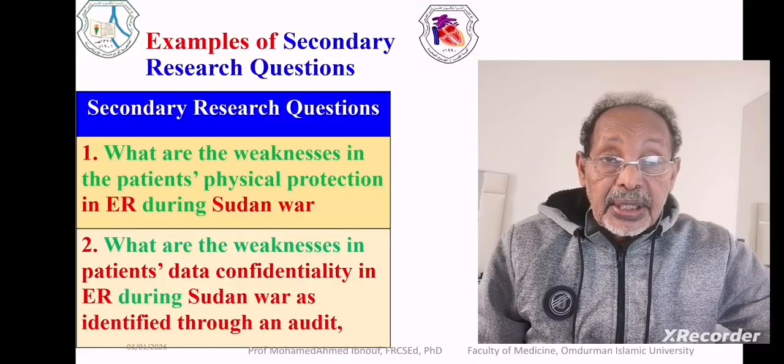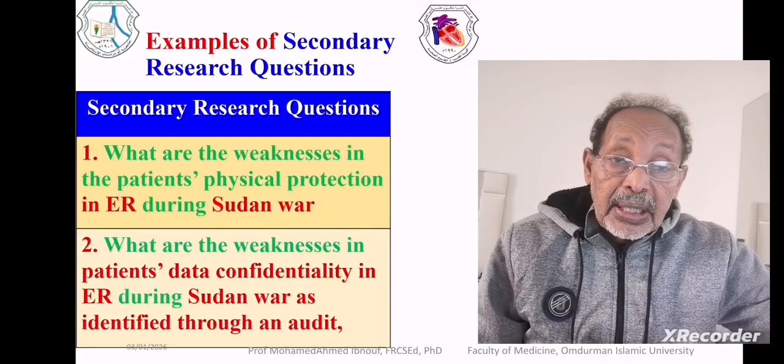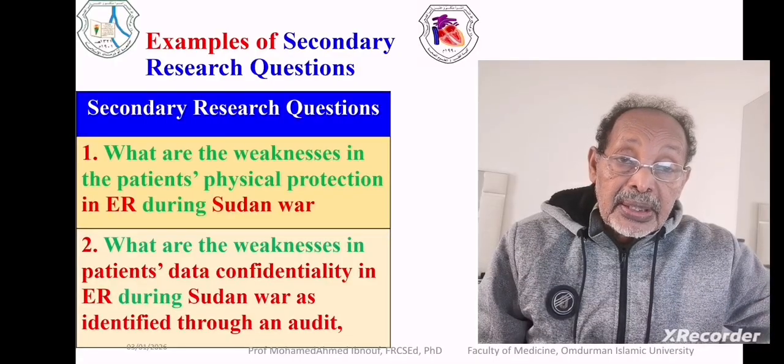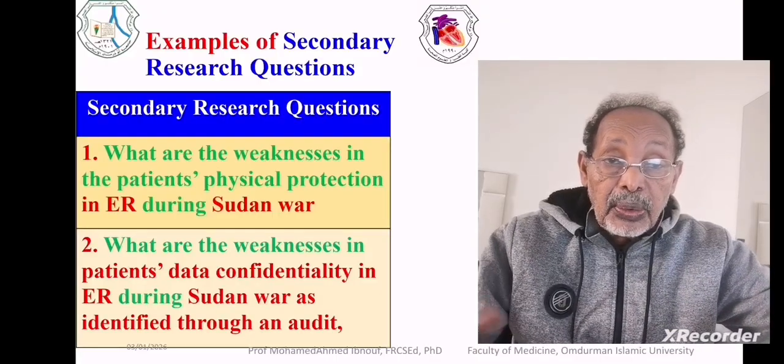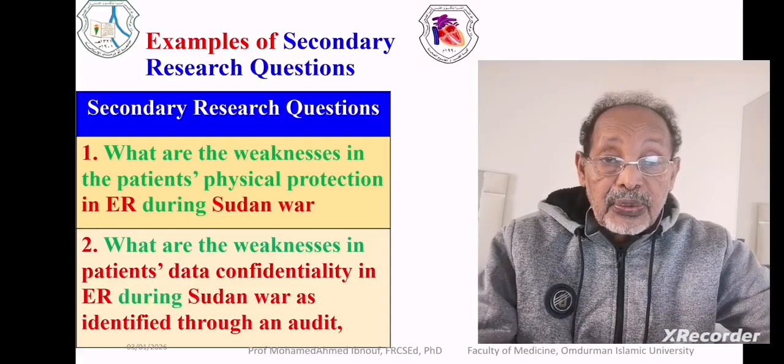And we can derive a secondary research question stating: what are the weaknesses in patients' data confidentiality in the emergency room during Sudan war as identified through an audit-based study? You see, we are describing the whole descriptions of the title here.